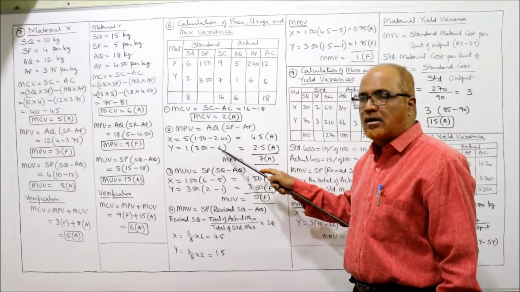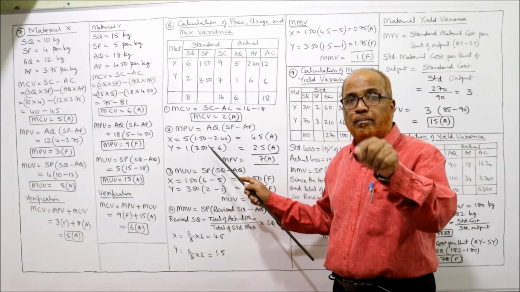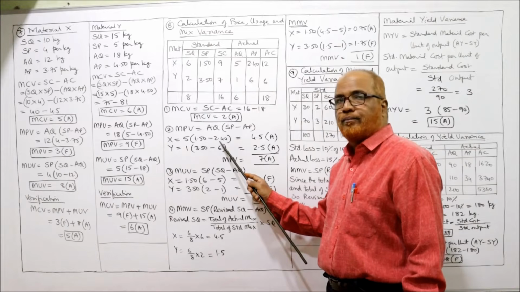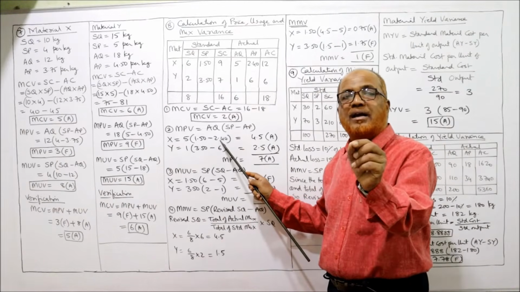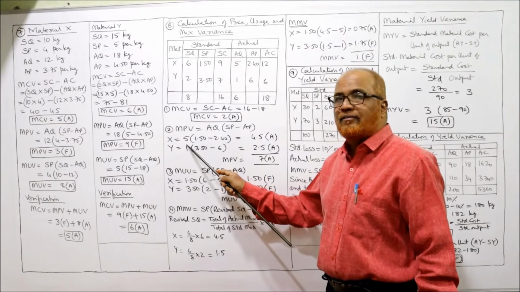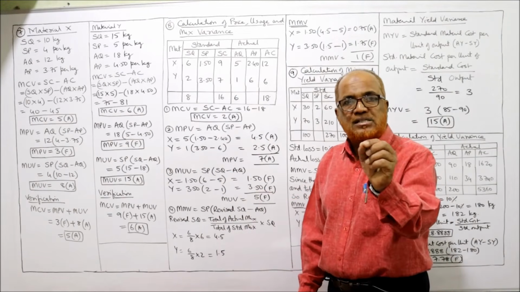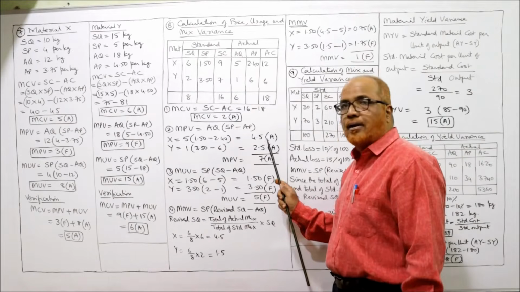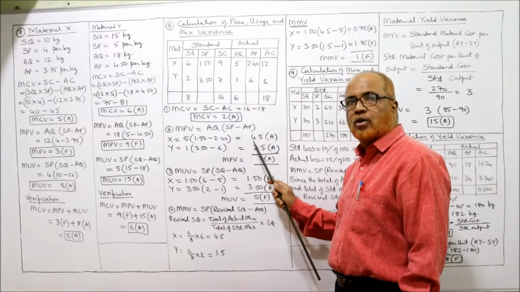For X, in the bracket 1.5 minus 2.4 gives minus 0.9. Minus 0.9 into 5 is 4.5. Because the bracket is negative, the variance is adverse, 4.5 adverse.